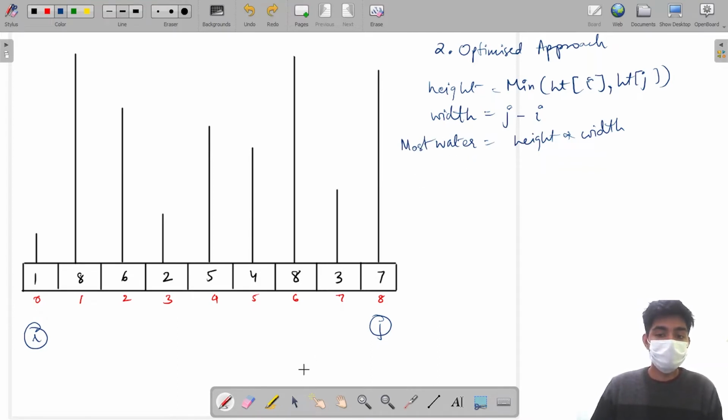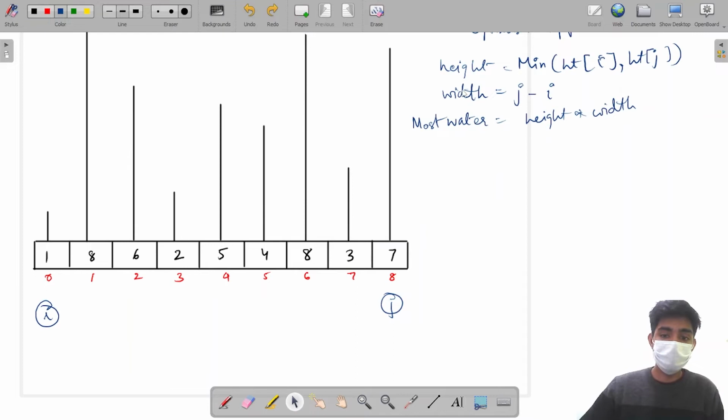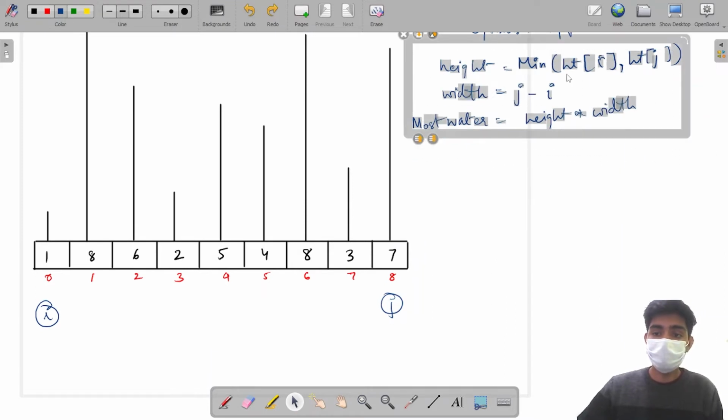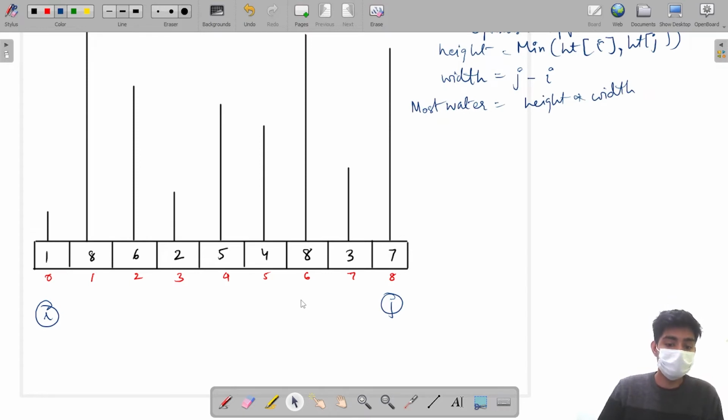Now we know how the height of the container will work and how the width will work. We just need to find the maximum water that we can get. So let's take these two pointers i and j, with i at the beginning and j at the end of the array.